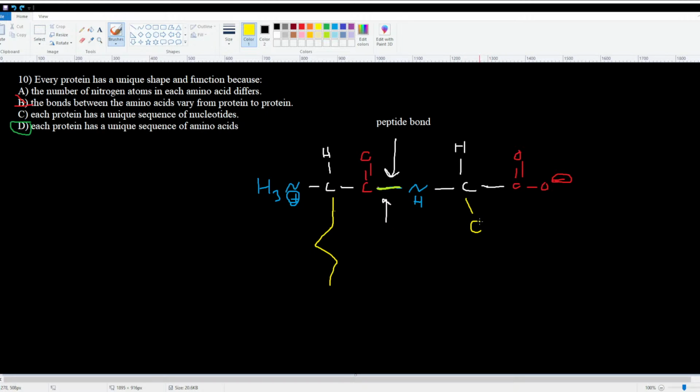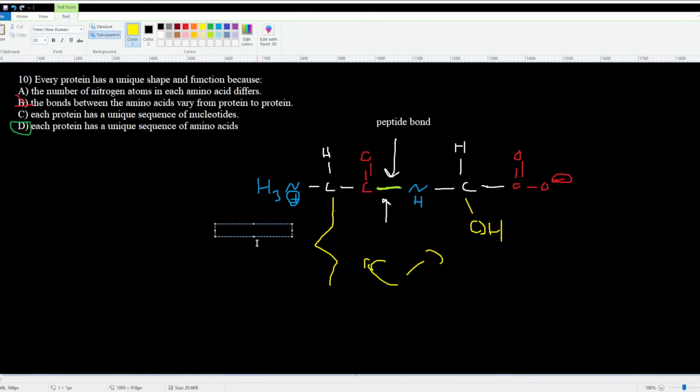How about just an OH? This is known as serine. These will change, and that's what makes them so unique. They could be one of four different categories. These side groups can either be nonpolar, polar, positive, or negative.